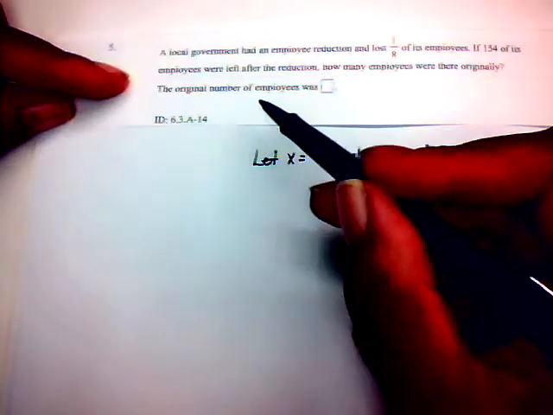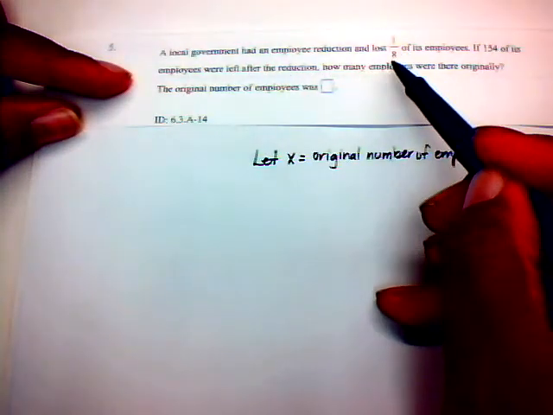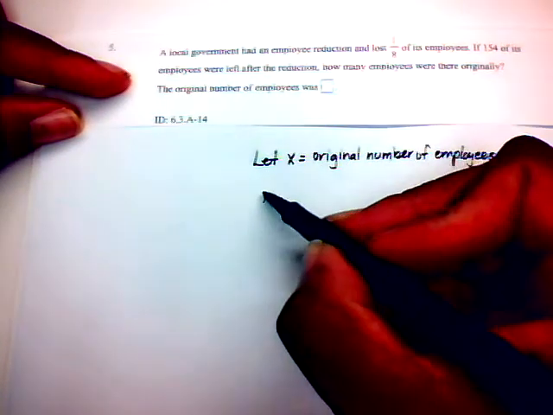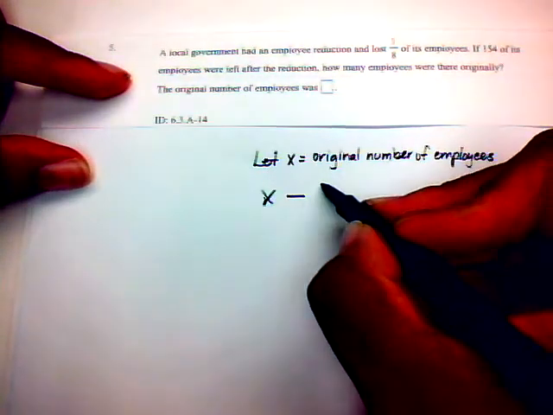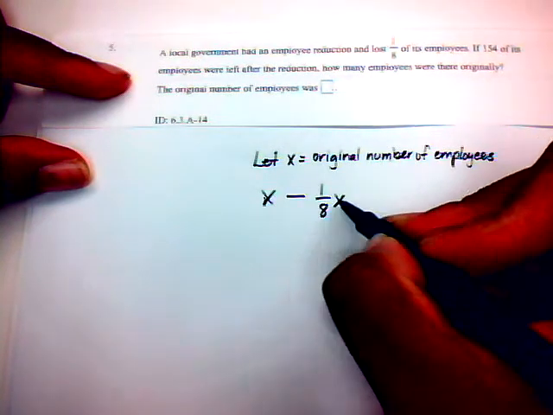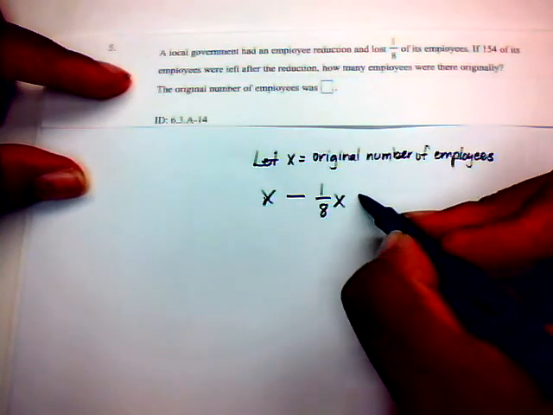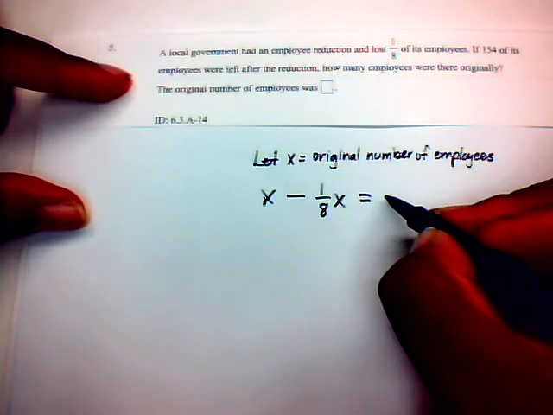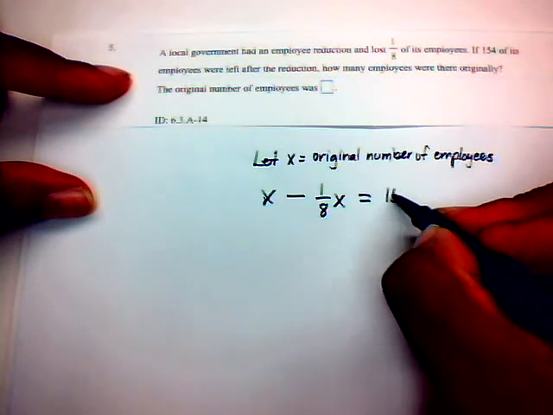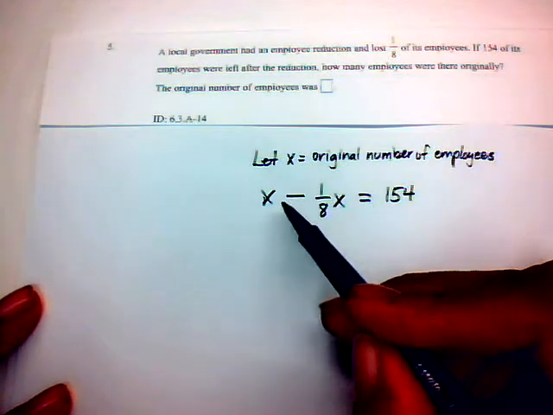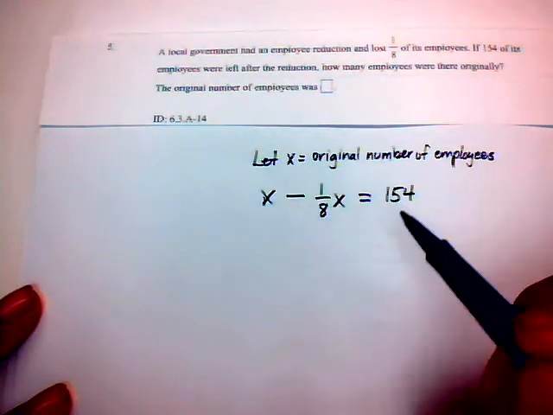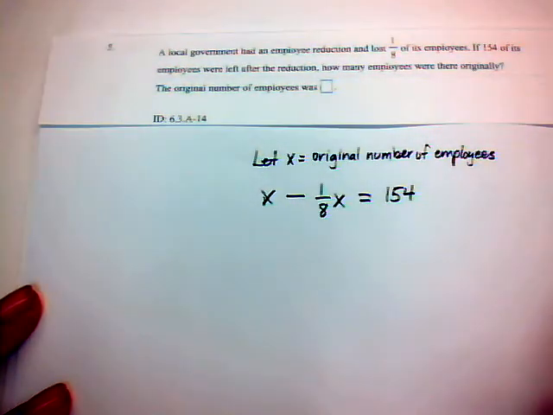Now, we lost 1/8 of its employees. So, the original number of employees is x, and then we lost 1/8, so that's minus 1/8 of the original number, 1/8 times x. And we ended up with 154 employees after the reduction. So here we have an equation, x minus 1/8 x equals 154.